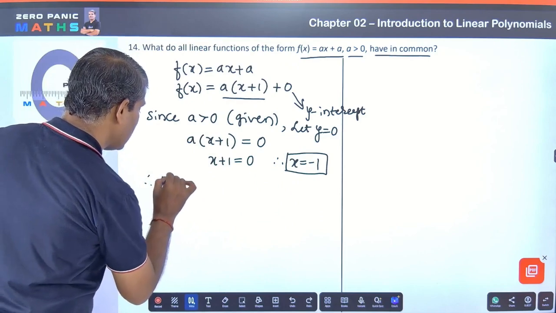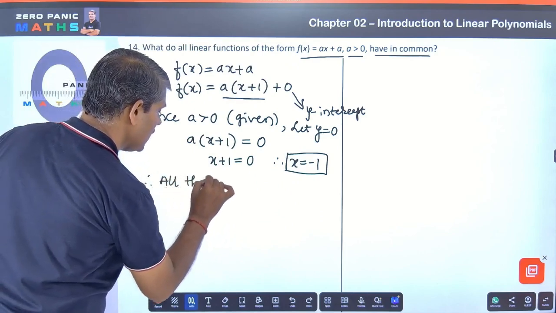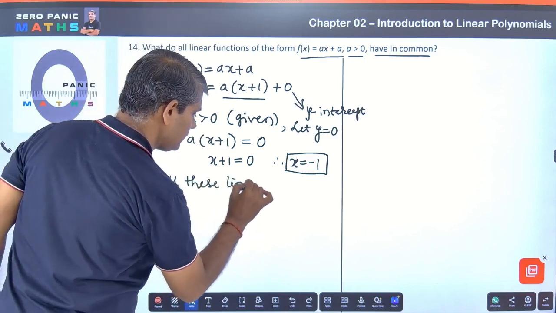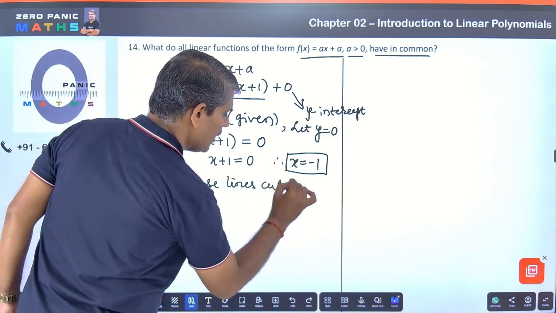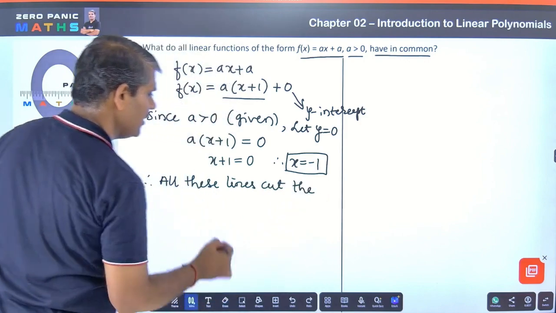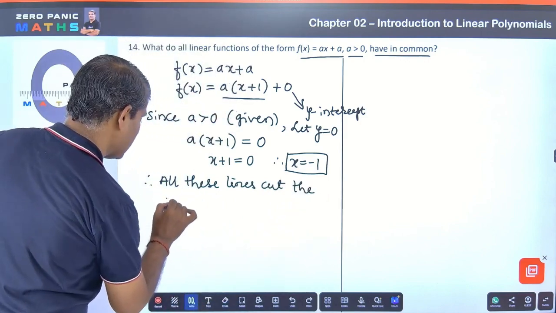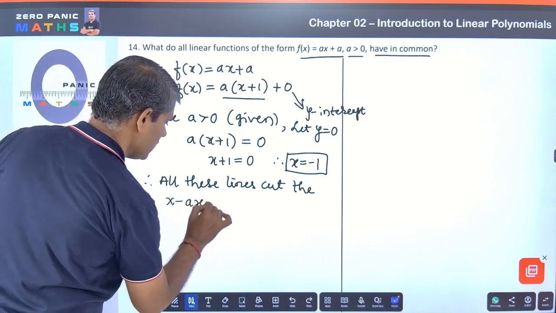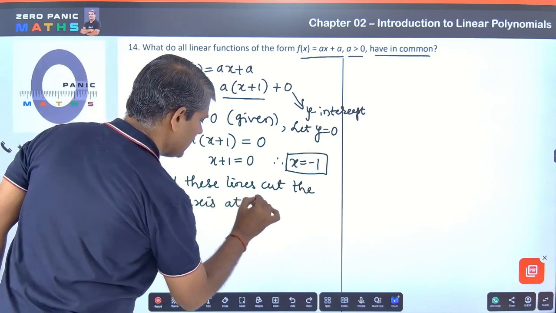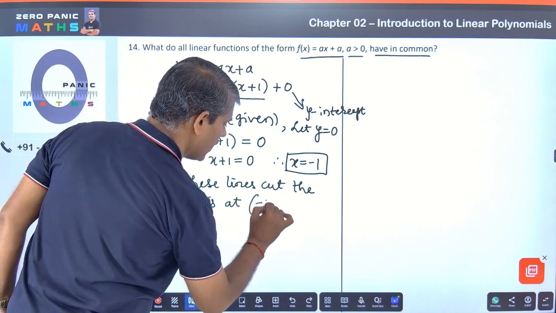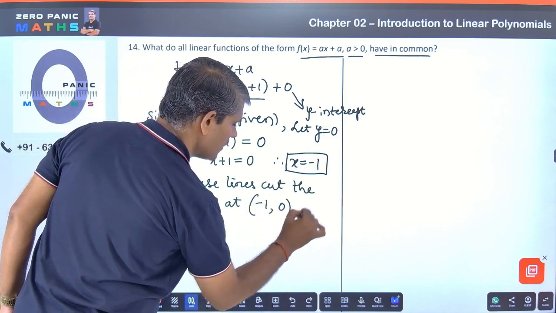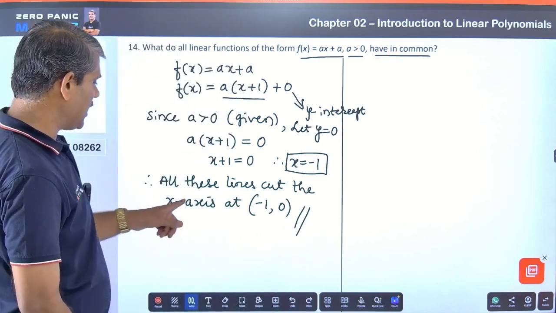Therefore, all these lines cut the x-axis at minus 1 and 0. This is one common point.